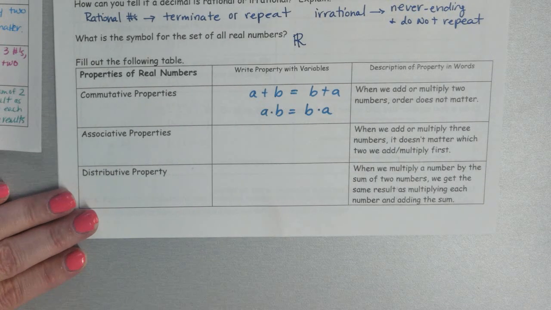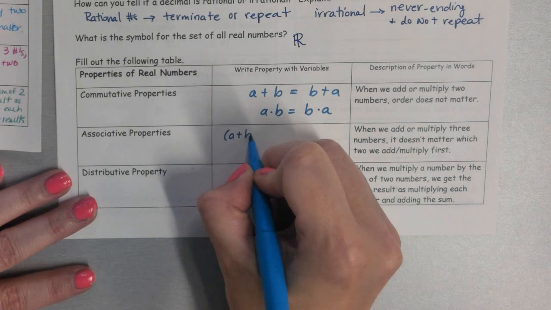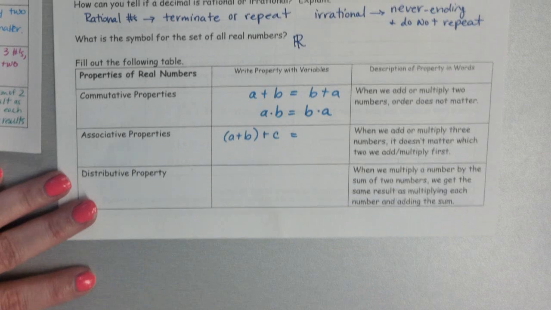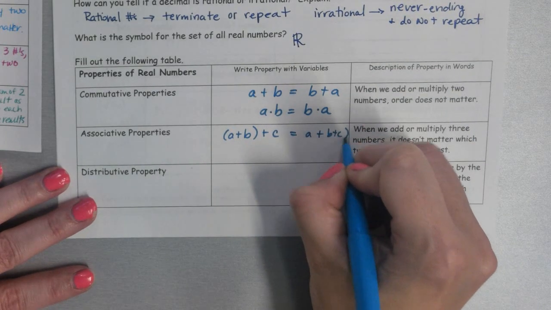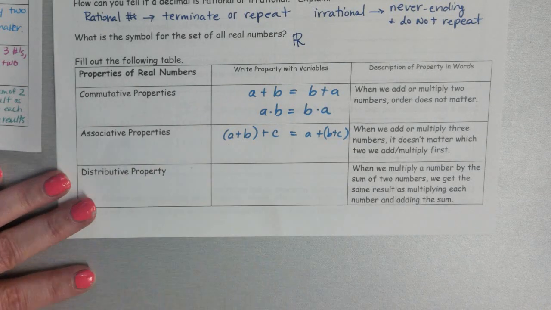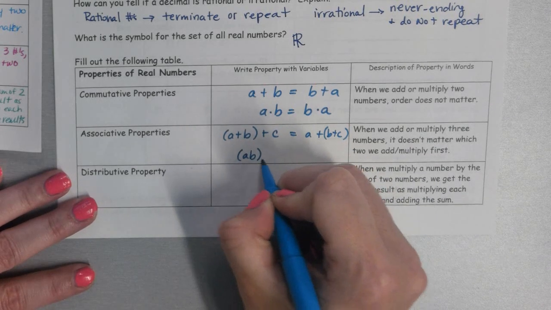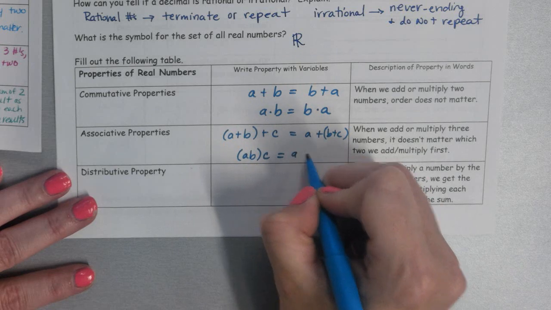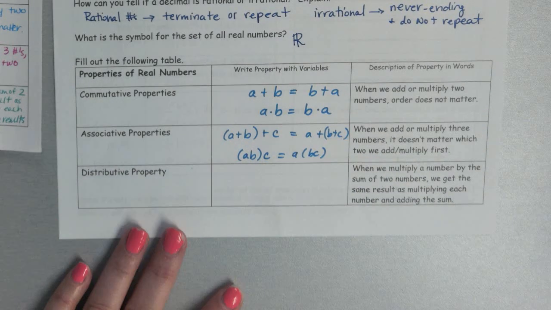Associative, okay, is when you can group them together. So A plus B plus C. It wouldn't matter if you added the first 2 together first or the last 2 together first. Again, it does not matter the way that you add when there are 3 different things. Same thing with multiplying. You can multiply the first 2 together, then the last one, or you can multiply the last 2 together and then by the first.